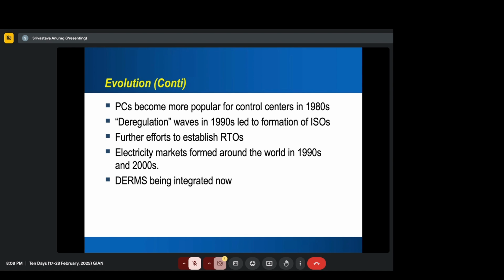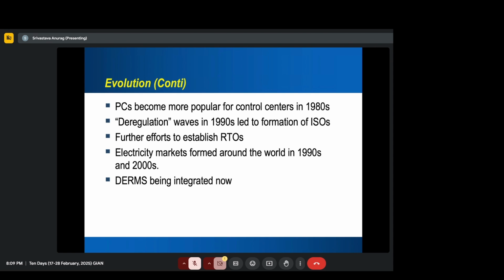There were ISOs, which is Independent System Operator, which is typically a collection of multiple utilities coming together and setting up a non-profit organization which will monitor them overall in terms of the market. There are also RTOs, or regional transmission operators, which look at the bigger region beyond the utility areas, and they help each utility to operate together.